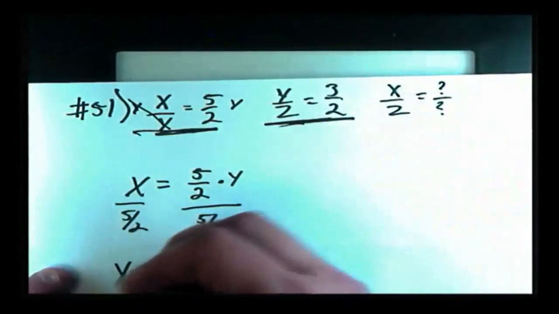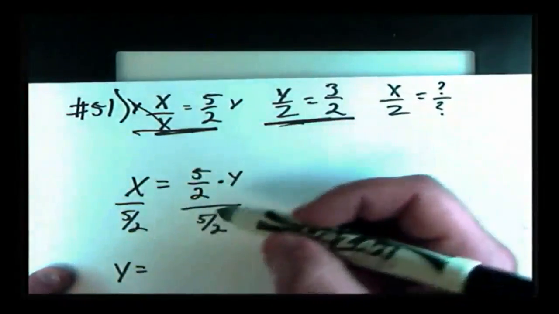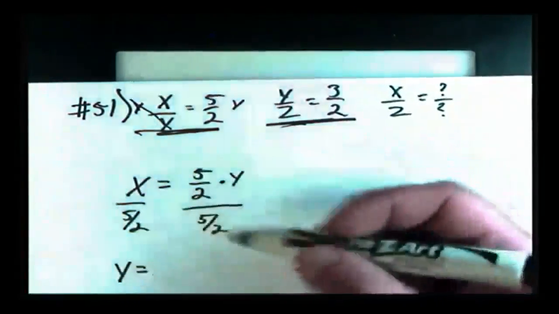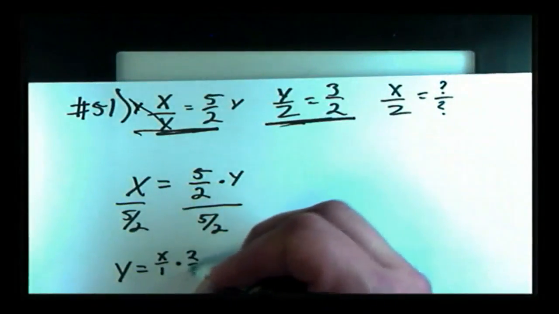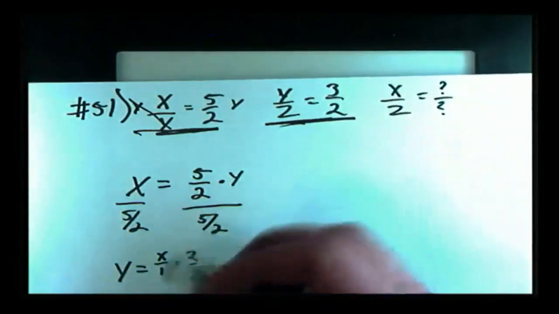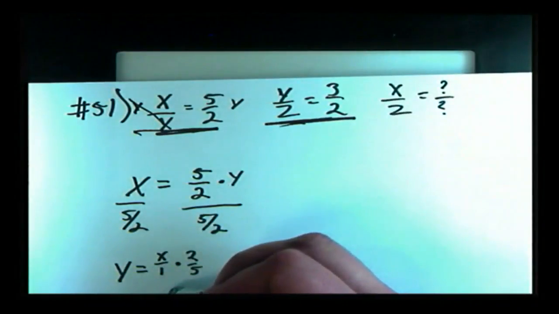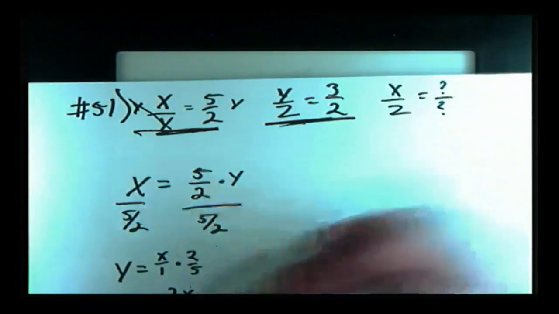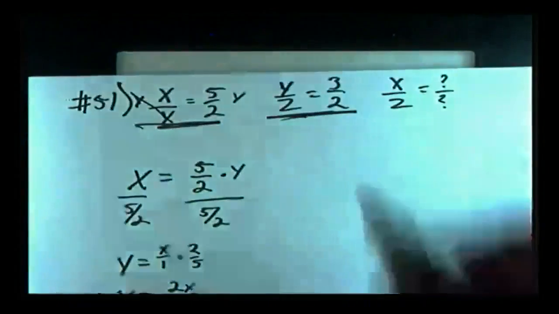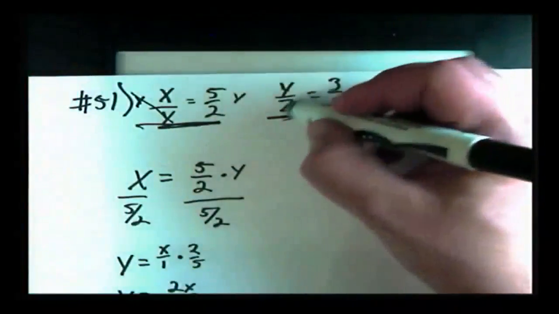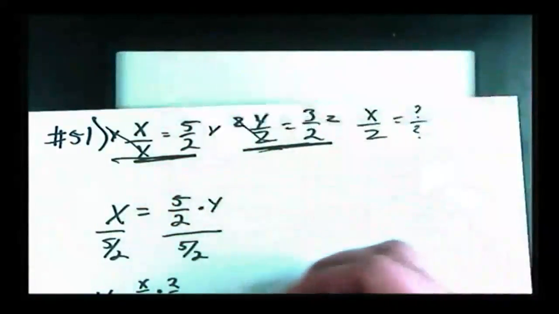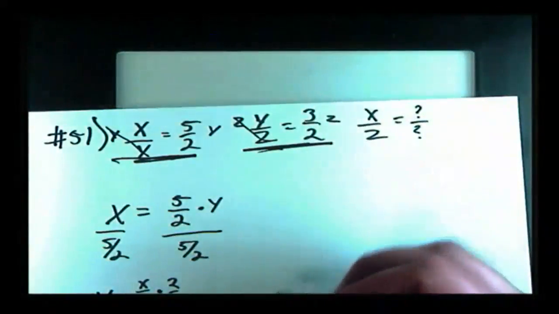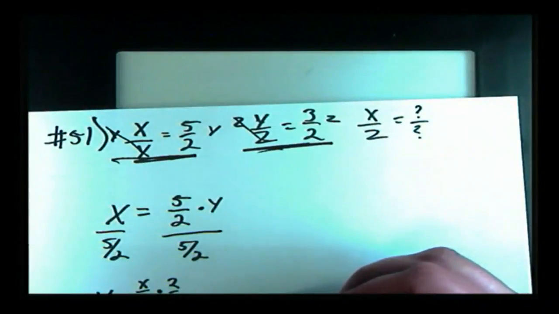So now I have y is equal to x over 1 times 2 over 5. So y is equal to 2x over 5. And on this one it's simply canceling out the z's, so I have y is equal to 3z over 2.